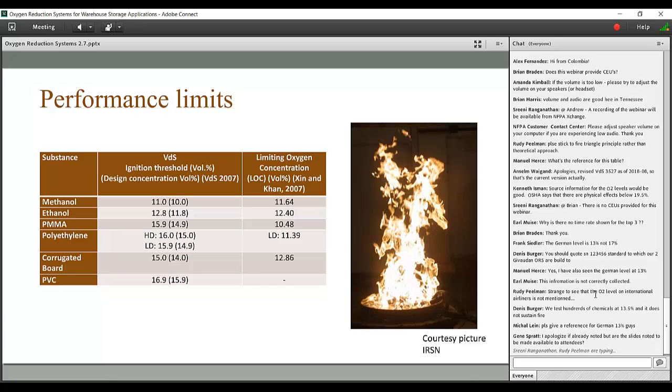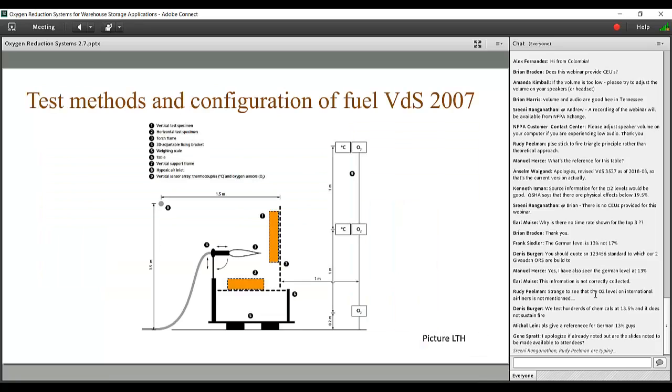And this is the setup used in the VDS standard. It's also quite similar to the one in the EN standard.